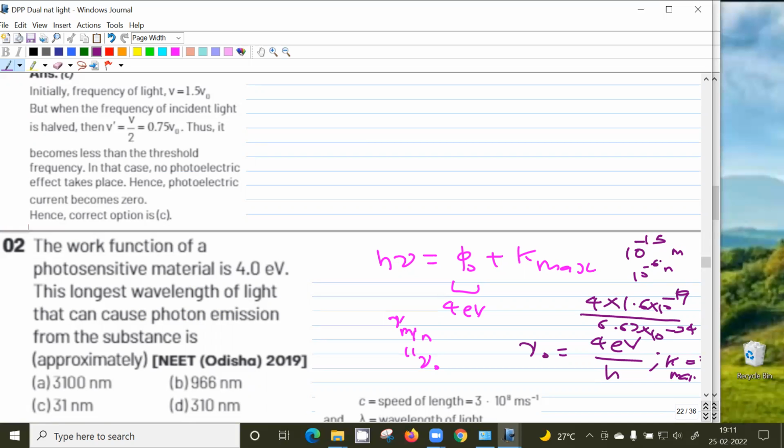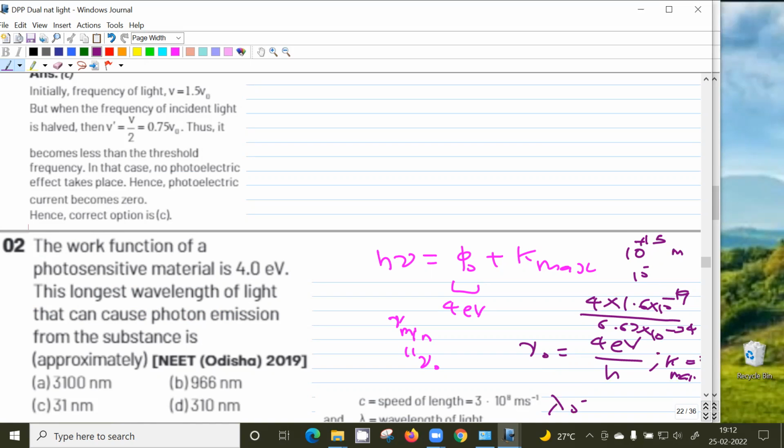What mistake am I making? So hc by lambda naught. Oh, we have to find lambda naught, right? Yeah. Actually 10 raised to plus 15 is nu naught.